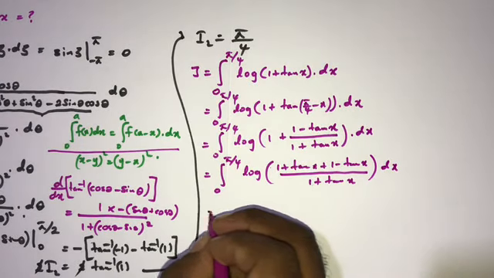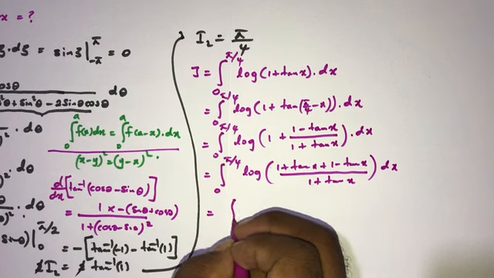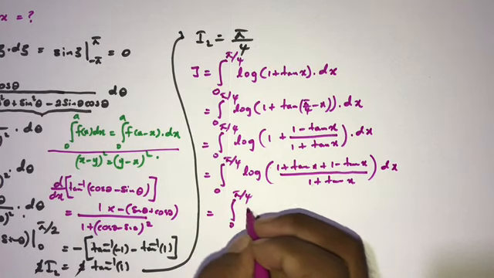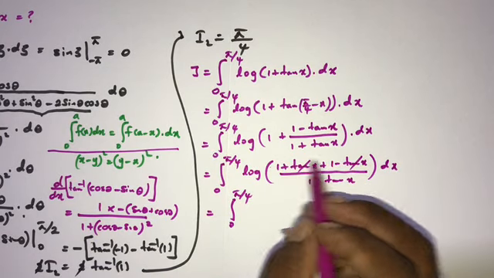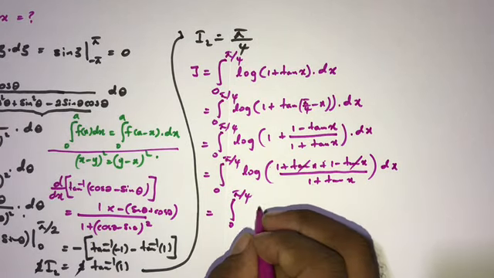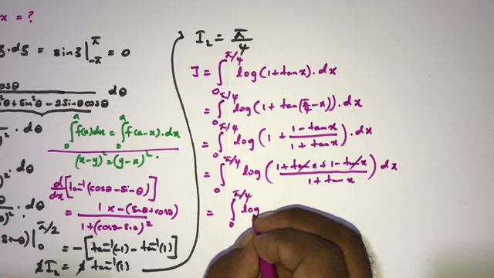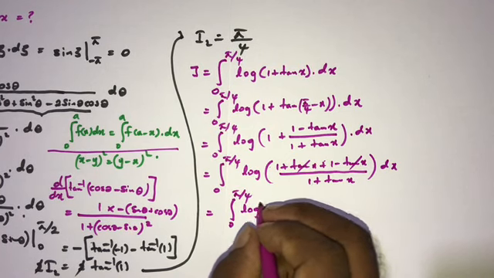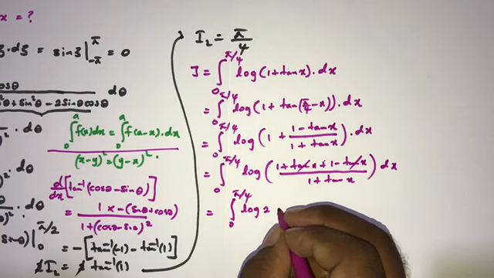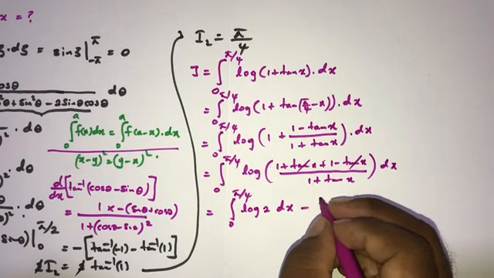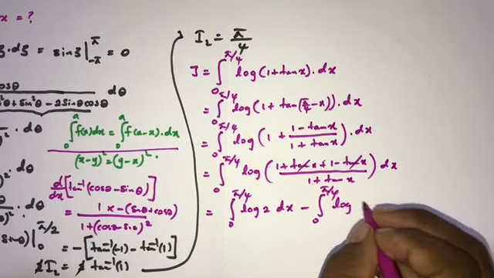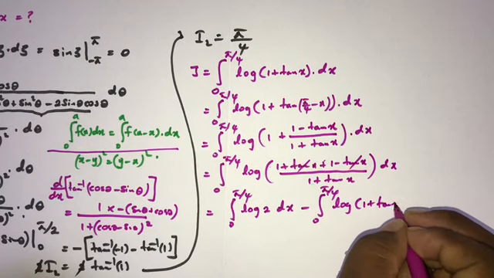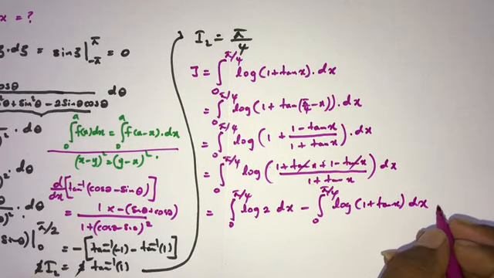Okay, then from 0 to π over 4 we know this tan of x gets cancelled, and 2 over 1 plus tan of x, so we can split this into two integrals, natural log of 2 dx minus the integral from 0 to π over 4 of natural log of 1 plus tan of x dx.